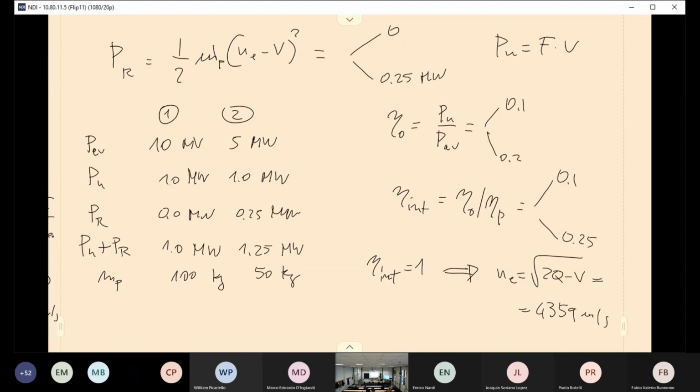So we like to consider in the first part of the exercise what will be the altitude reached by this rocket when it has consumed the whole amount of propellant. Okay.